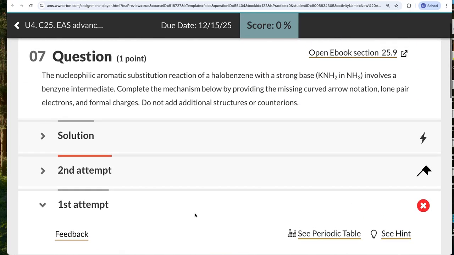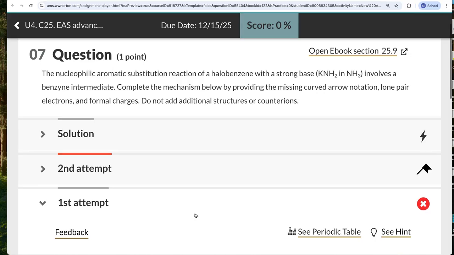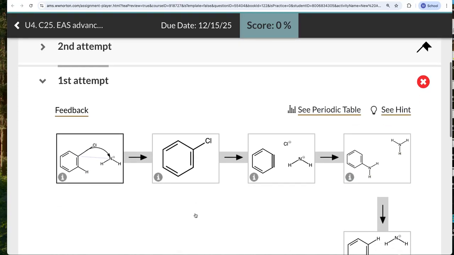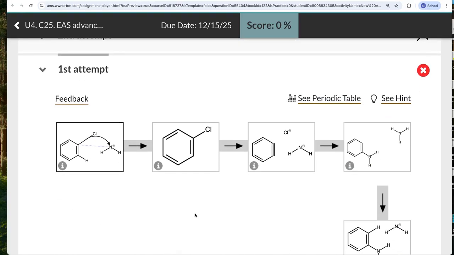So, in this case, nucleophilic aromatic substitution reaction of halobenzene with a strong base involves benzyne intermediate. Okay, so if we're going through and evaluating this structure, we now want, again, curved arrow notation. Let's take a look at that starting material.